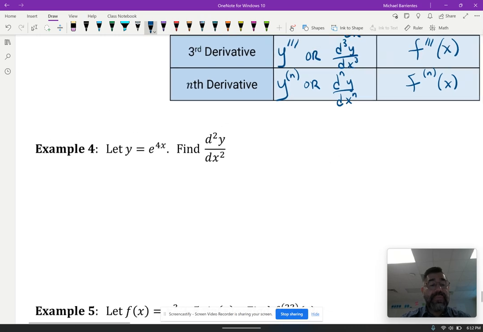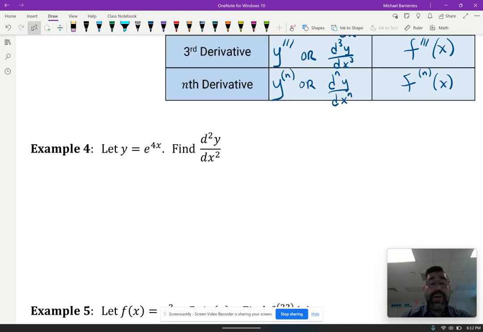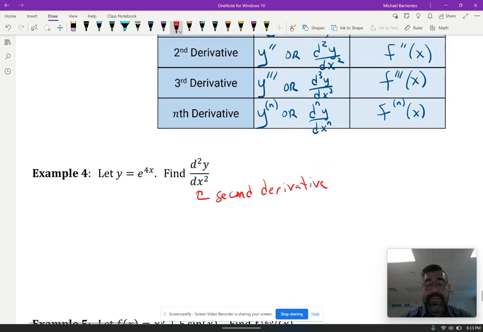And so when I look at number 4 here, this is the second derivative, right? The second derivative. All right, so that means I'm going to have to take a derivative once and then take it again. So I need to find the first derivative.